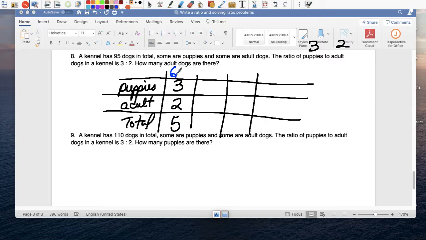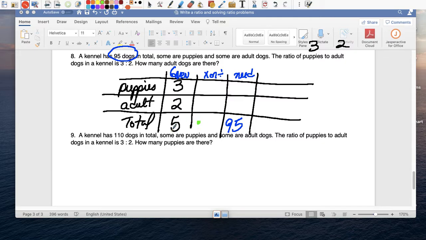So given, times or divide, and then need. So when there are 95 dogs in total, cuando hay 95 en total, ¿cuántos son perritos y cuántos son adultos? How many are little dogs and how many are adult dogs? So that's easy.